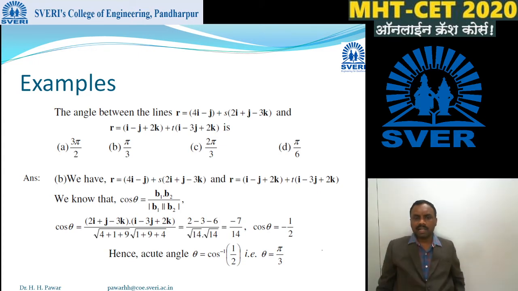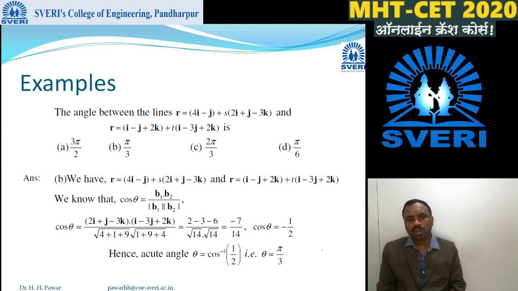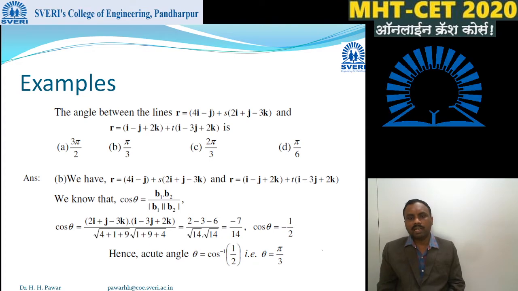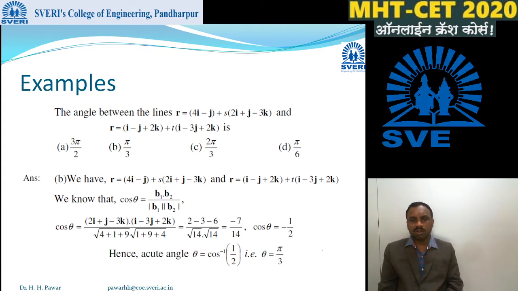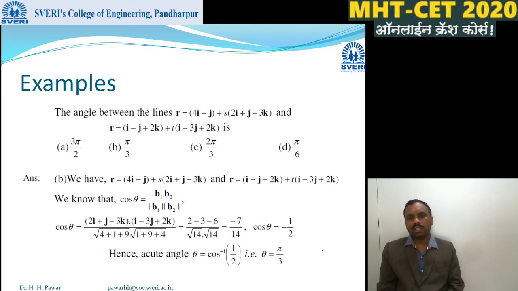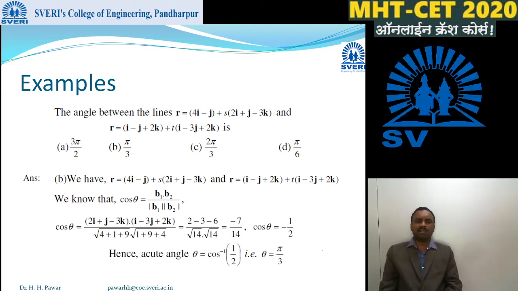As we know that angle between two lines is nothing but angle between their normals, and here in this case, as equation is given in vector form, that is r bar is equal to a bar plus s into b bar.